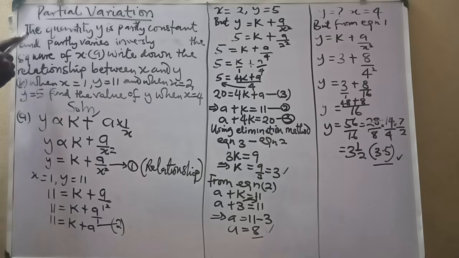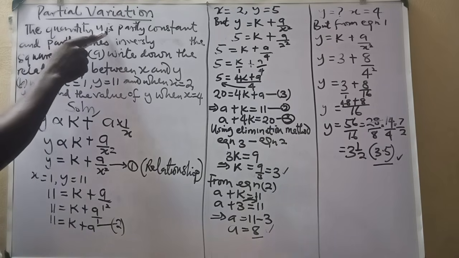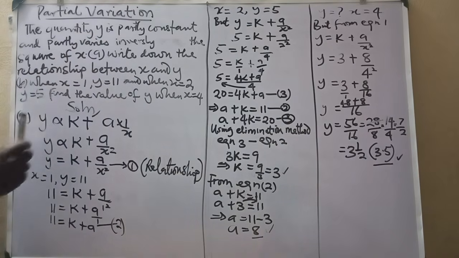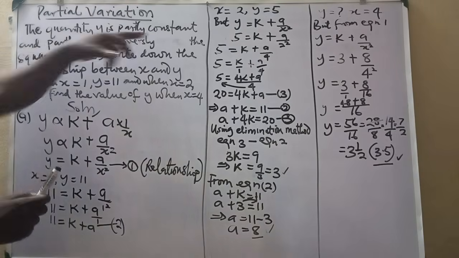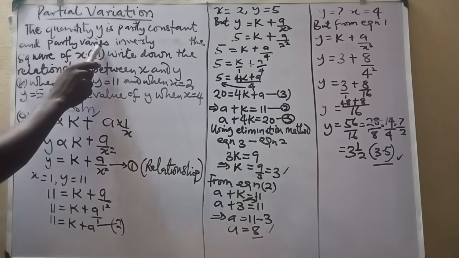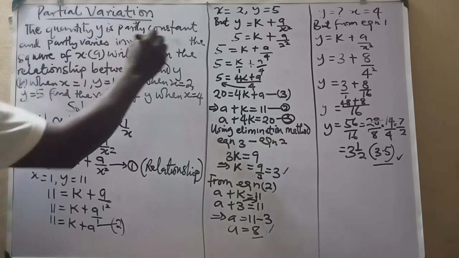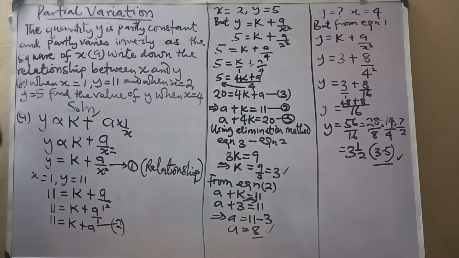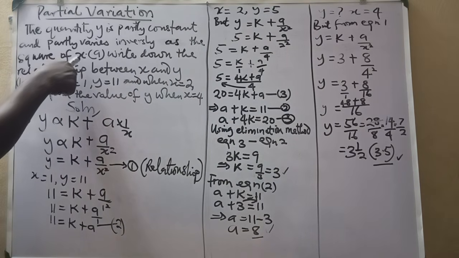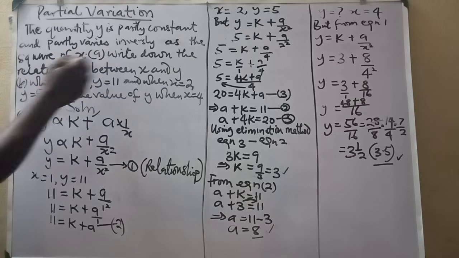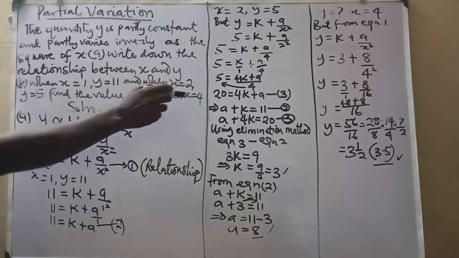Now, the question is: the quantity y is partially constant and partially varies inversely as the square of x. Question A: write down the relationship between x and y.